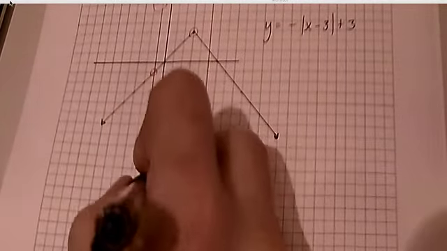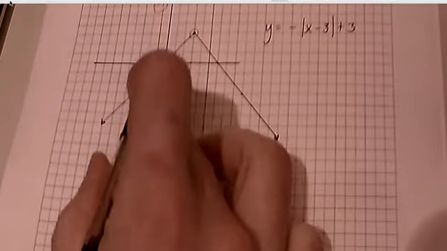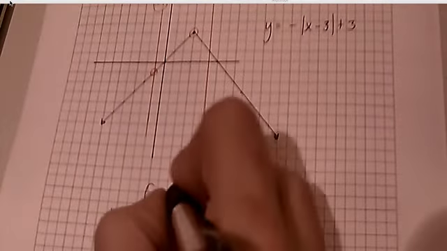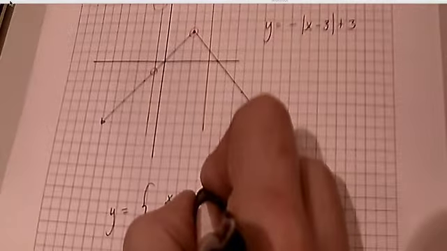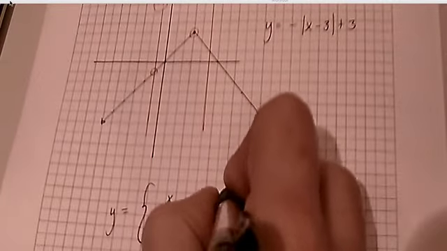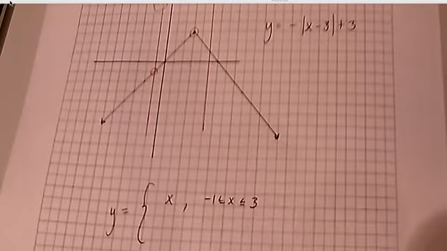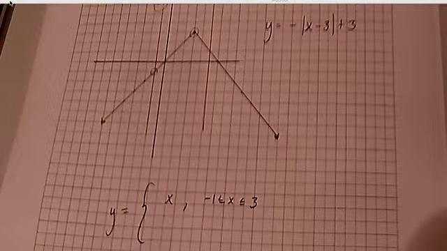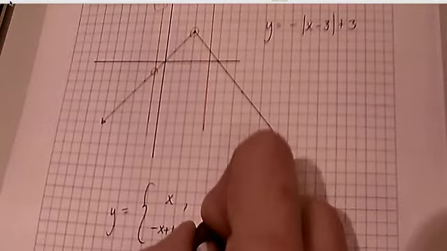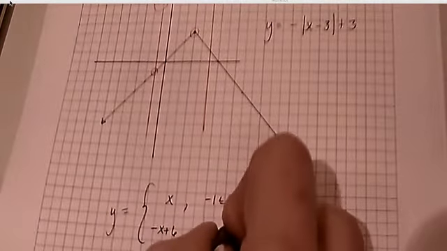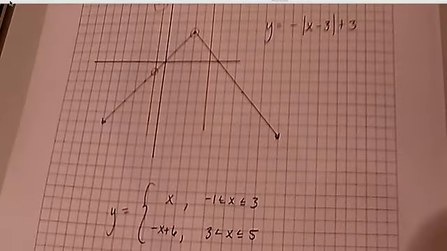I would just say, well, I recognize this function, the left hand side of it, that's just x, where x is between -1 and 3, and then that winds up being -x plus 6 for x between 3 and 5.